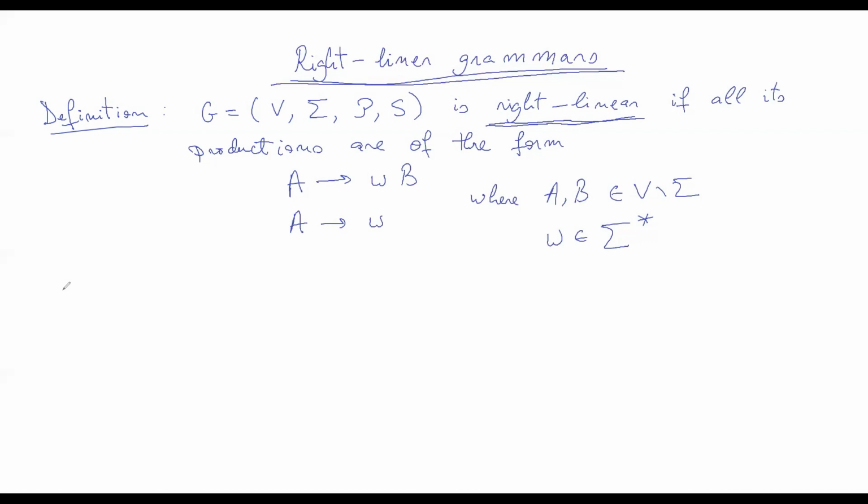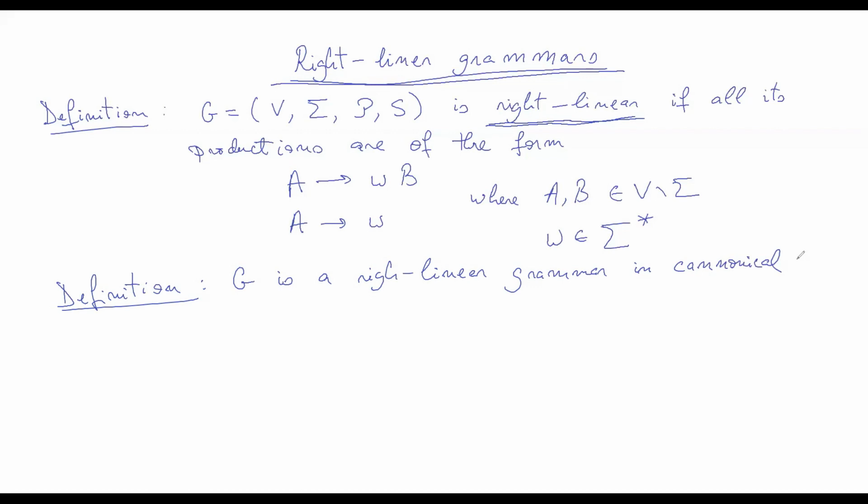And I also want to give right away another definition. I will say that G is a right linear grammar in canonical form if all productions are of the form, and you are asking that really you have only productions of this type: A goes into aB.